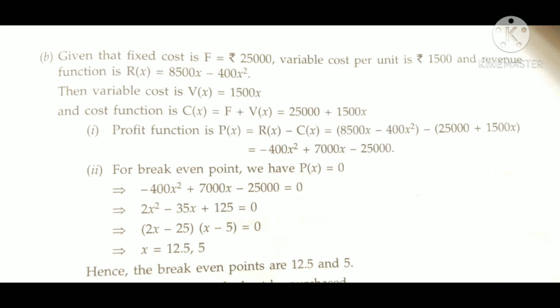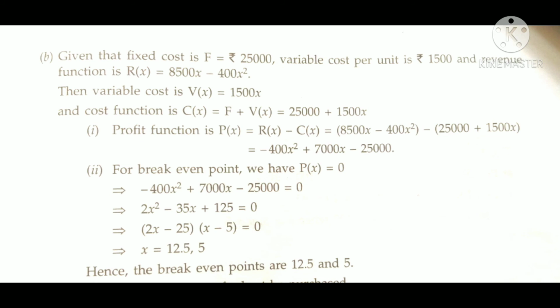To follow this answer, please see the question on the previous page, where fixed cost is equal to 25,000 and the revenue function is equal to 8500x minus 400x squared. So the variable cost is 1500 into x, as the variable cost per unit is given as 1500, and as we let the total number of units be x, the total variable cost will be 1500 into x.